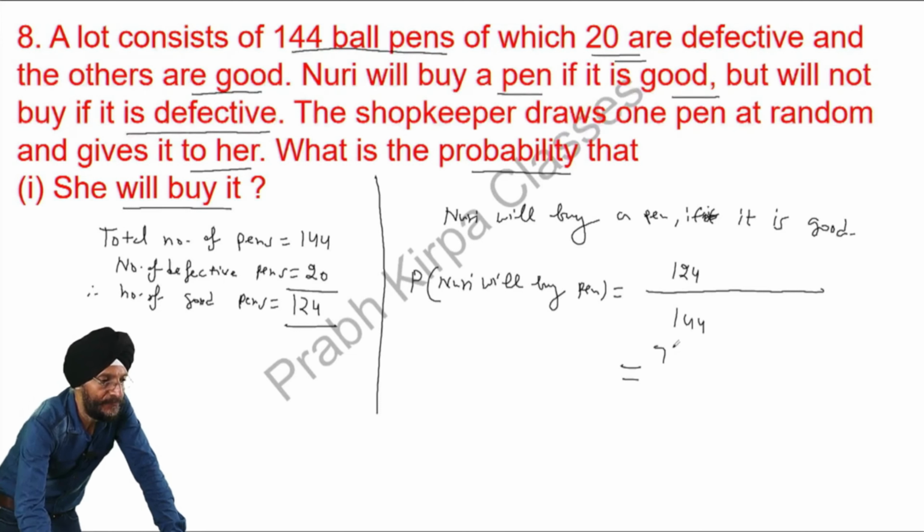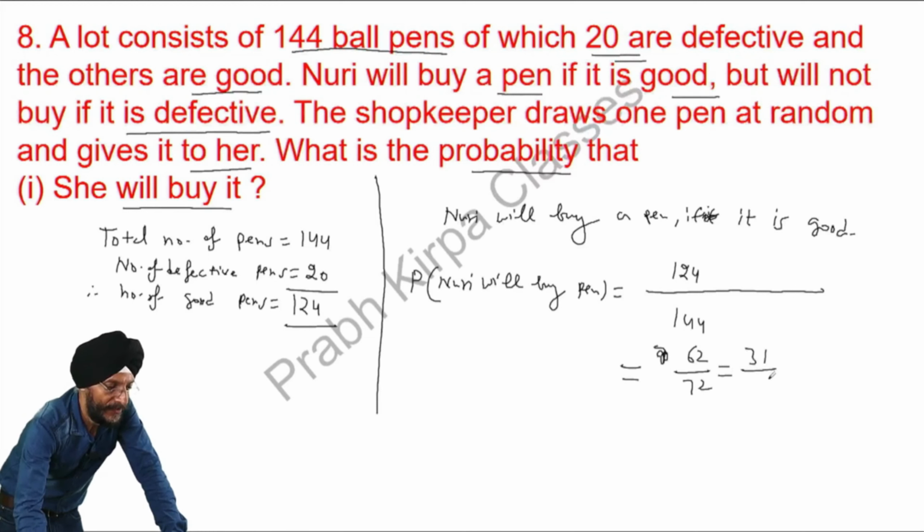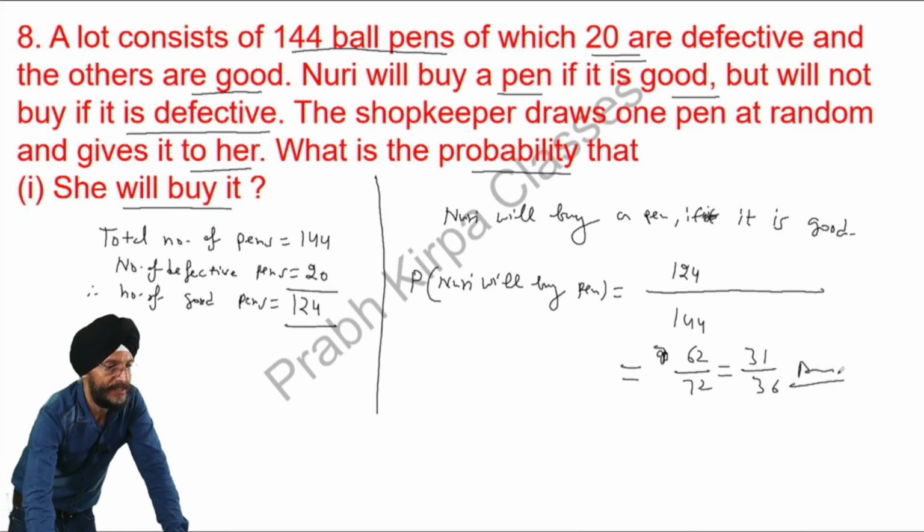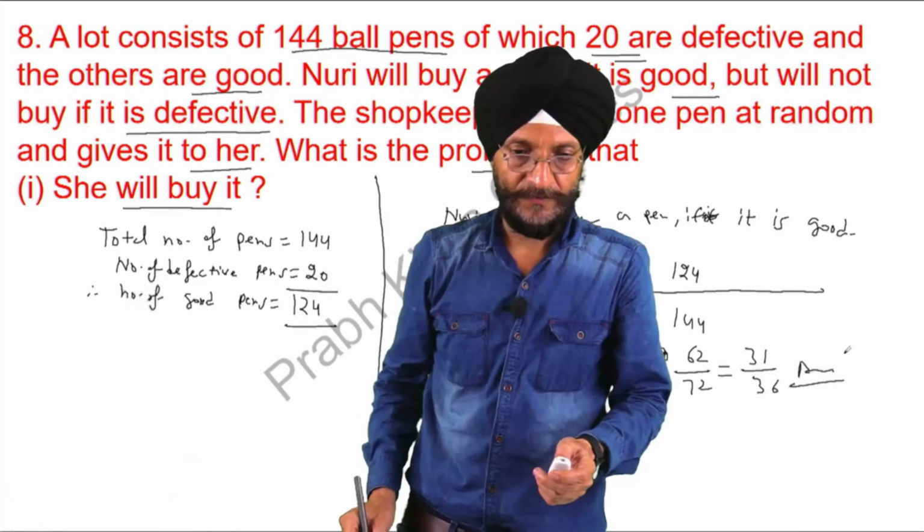It comes 62 divided by 72. We again divide it by 2. It becomes 31 over 36. So Noori will buy pen. Its probability is 31/36. This is the answer of the first part of the question.